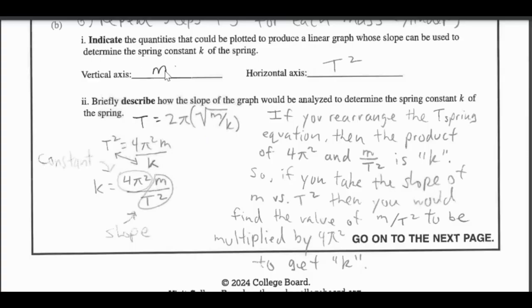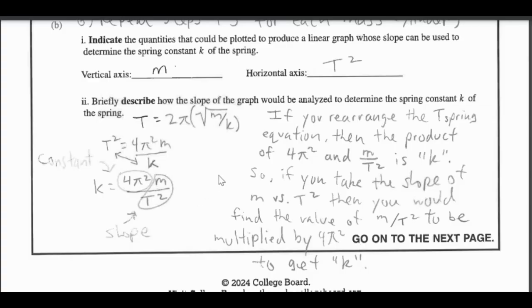So I'm going to want to put the mass m on the vertical axis, and then the time squared on the horizontal. Because when I do some algebraic rearranging, I square everything, and then I have k equals 4 pi squared times m over T squared. So I'm going to want mass for my y-axis and T squared for my x-axis.